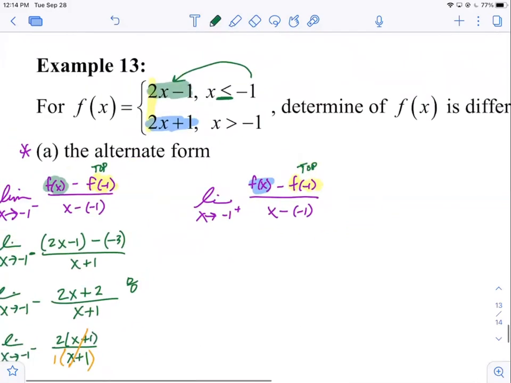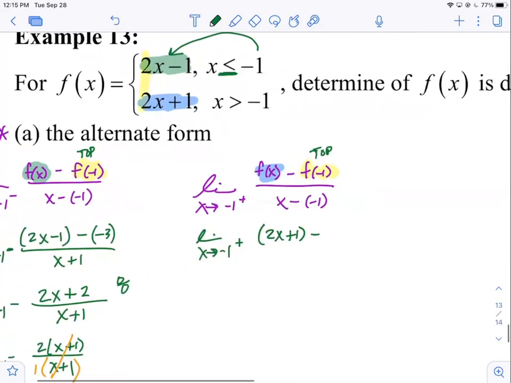All right, let's go ahead and set this up. The limit as x goes to negative 1 from the right of 2x plus 1. And now minus, to figure out what goes next, do I plug a negative 1 into the bottom piece, question mark? No, it's still the top piece. That's where the equal sign is, and it's still a negative 3.